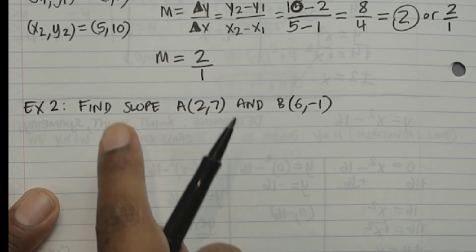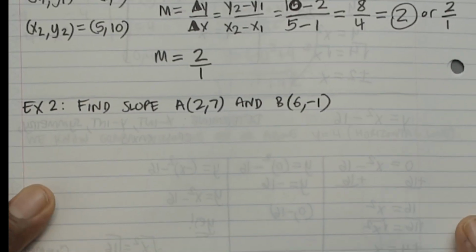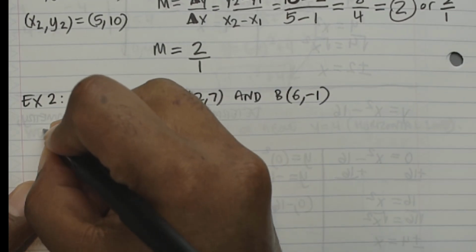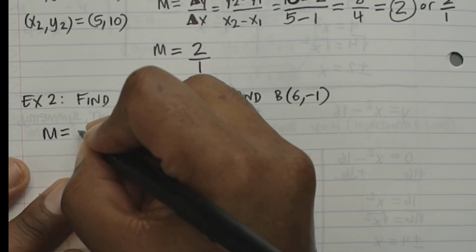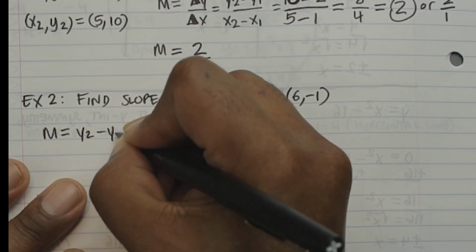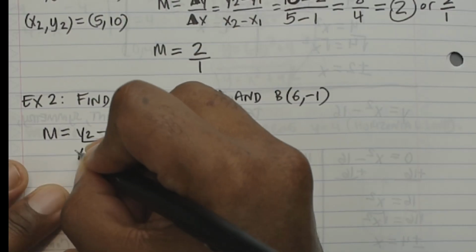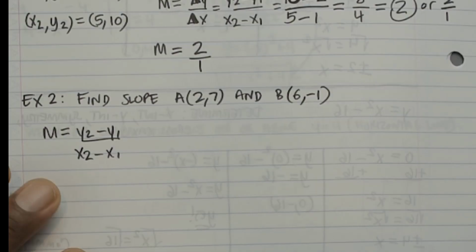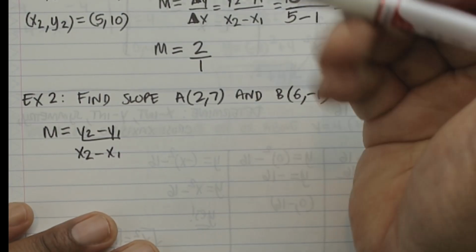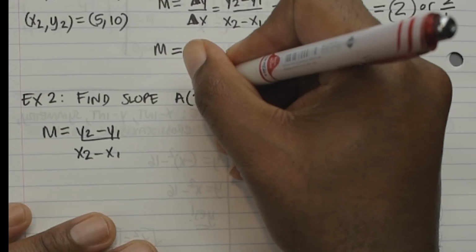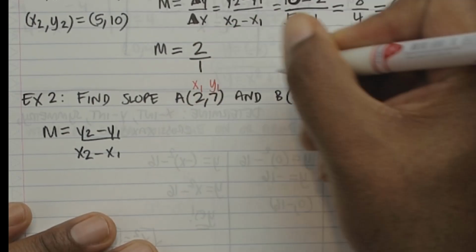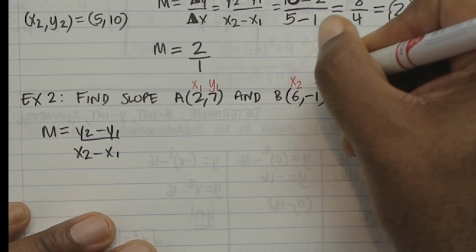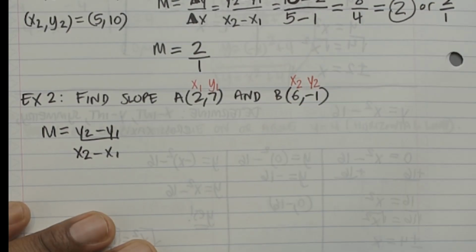And I'm going to skip this step over here that I did earlier. We're just going to substitute to save some room. So m equals y sub 2 minus y sub 1 over x sub 2 minus x sub 1. So I'm going to say that this is my x1, y1, x2, y2.